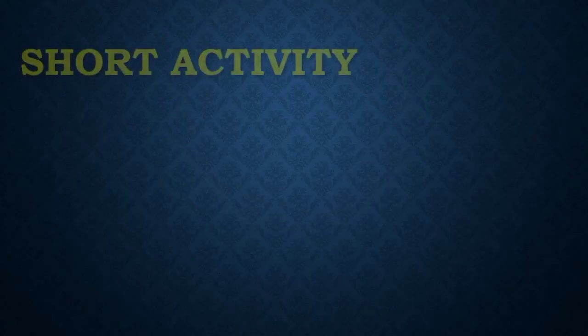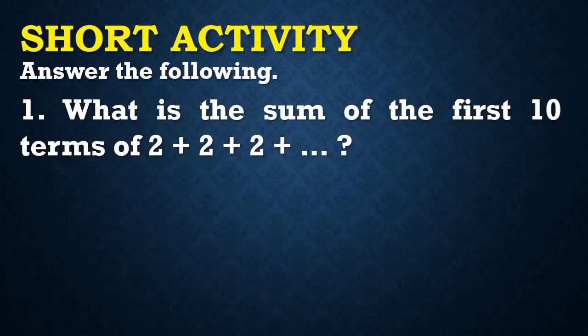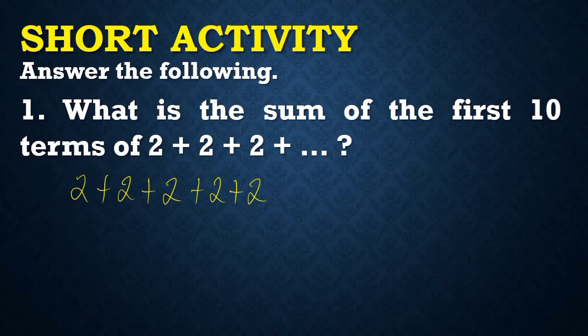So, before we proceed to our main discussion, let's have a short activity. Let's answer the following. What is the sum of the first 10 terms of 2 plus 2 plus 2 plus and so on? Kung ililista natin yon, ganito ang itsura niya. 10 terms dapat ang ating mailista.